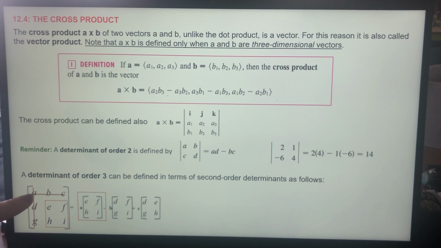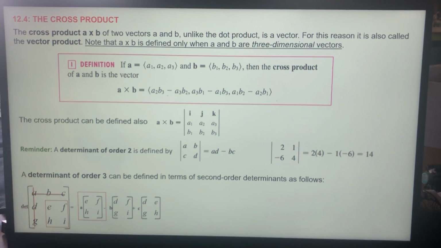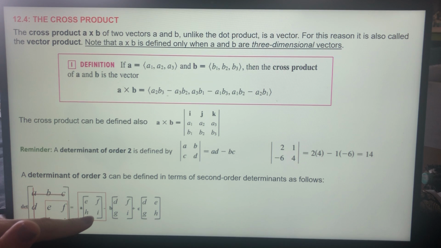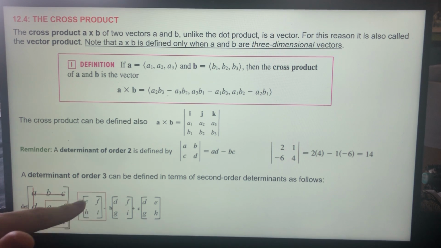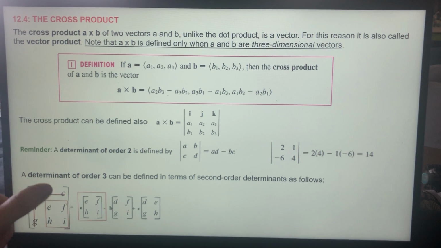The first element a times the determinant of what remains after closing its row and column, which is E, F, H, I. You know how to take that determinant: E times I minus F times H. Then minus b times close b's column and row.